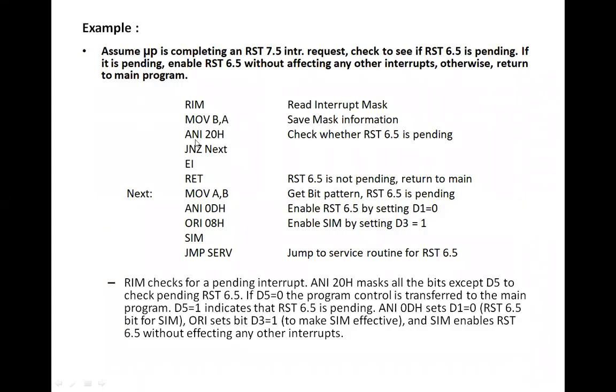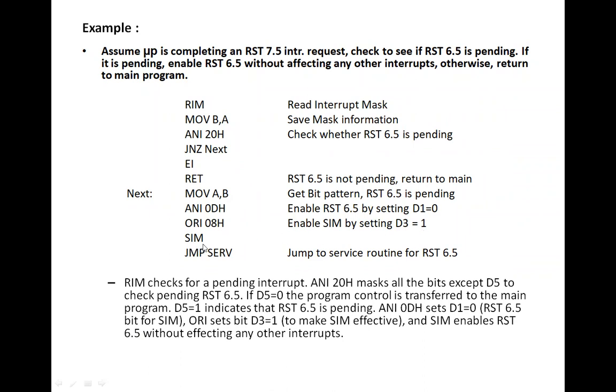So if it is zero, it will move to the next step. And what is next? Get the bit pattern of B into the accumulator, and enable RST 6.5 by setting D1 equal to 0. Then we do an OR operation with 08 so that it enables the flip-flop of 6.5.